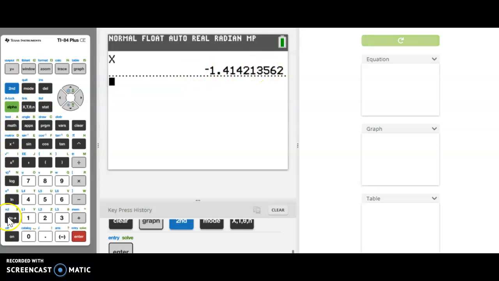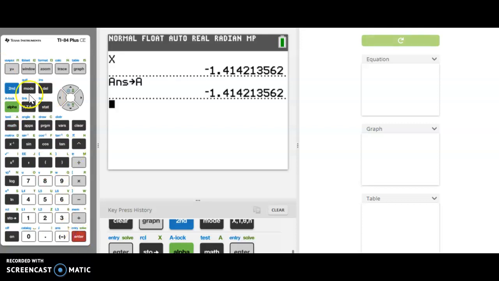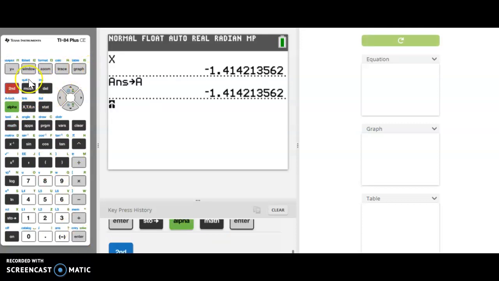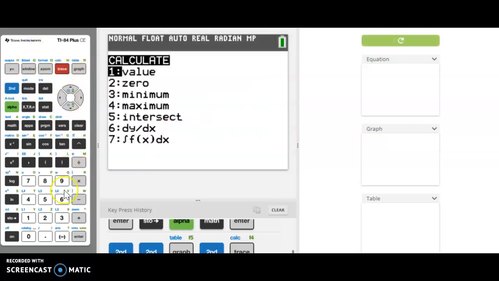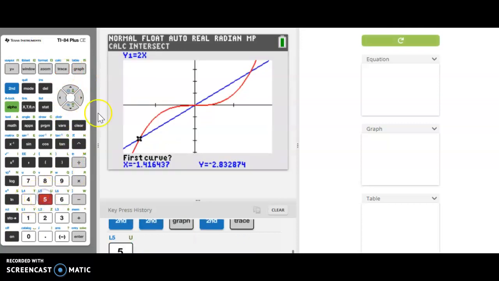So what I can do is store that, that's this button down here, and choose alpha A. Enter. And now I can go back into my graph, and I can do second calc. Intersect is 5, and now I can scroll all the way over.